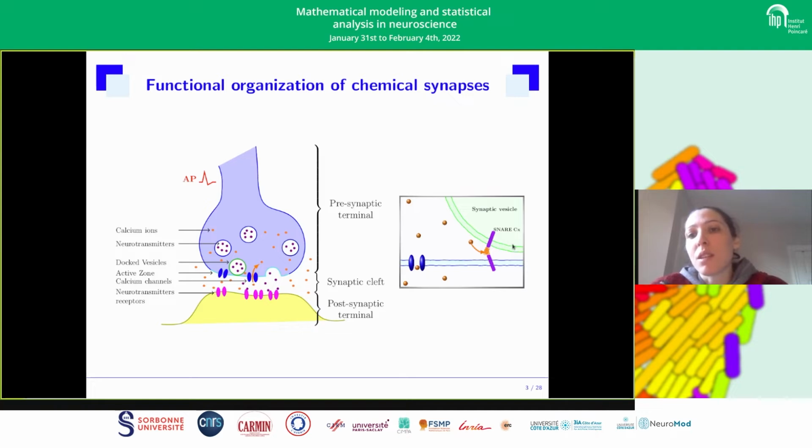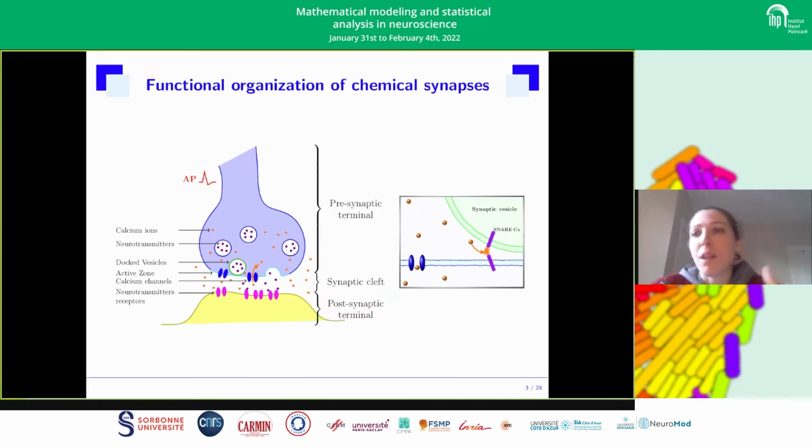These vesicles are docked to the membrane of the presynaptic terminal through a complex of proteins called the SNARE complex. And this SNARE complex is related to another protein called synaptotagmin. And this synaptotagmin is the protein trapping the calcium ions.